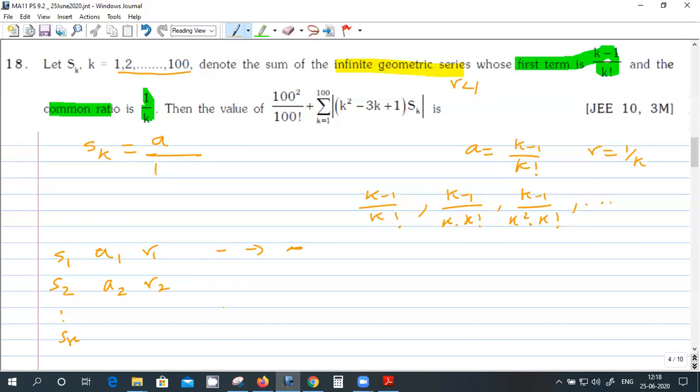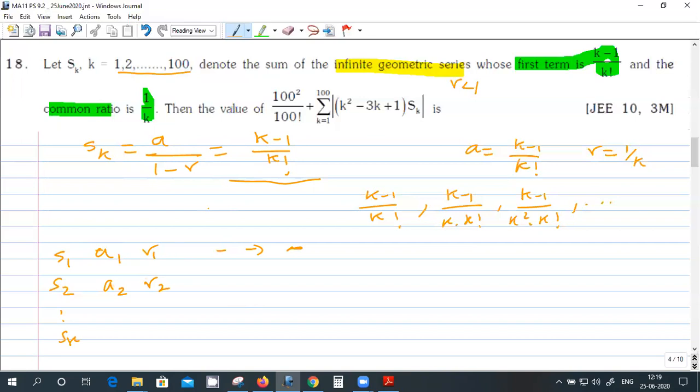All of the series are infinite series. So for any particular K, it will be that particular A divided by 1 minus R. The first term is K minus 1 by K factorial for any series. So we just substitute the value of K for each series.